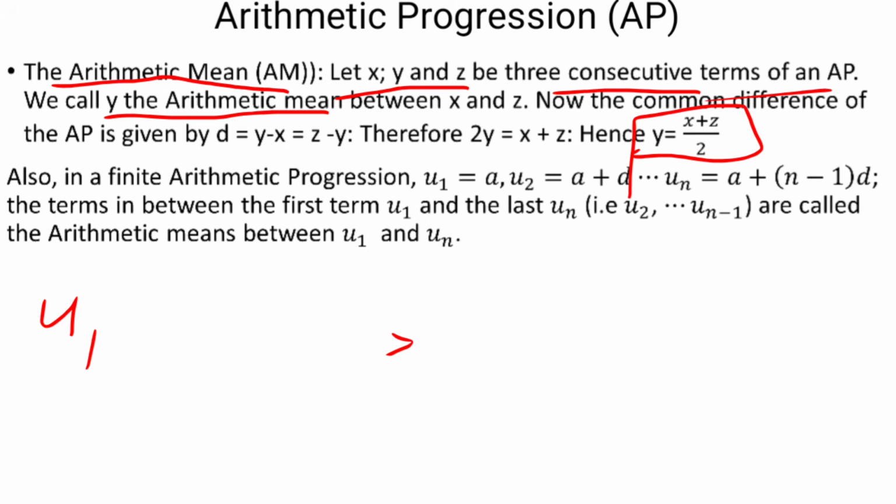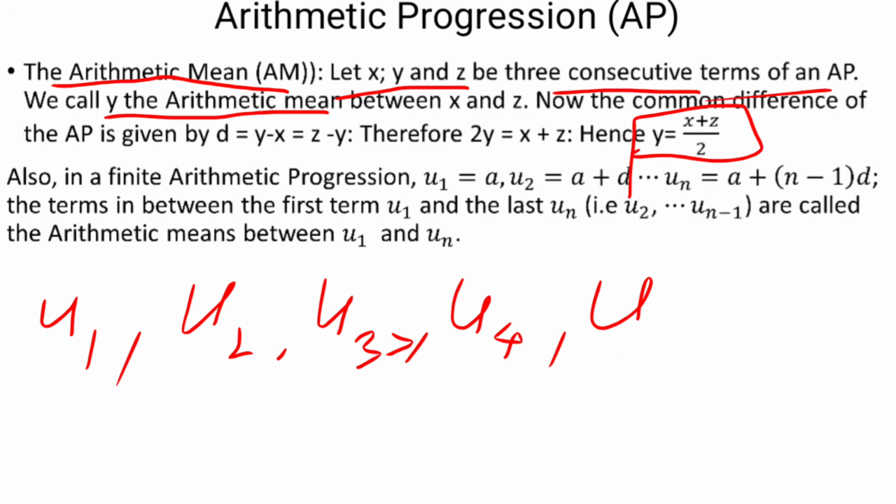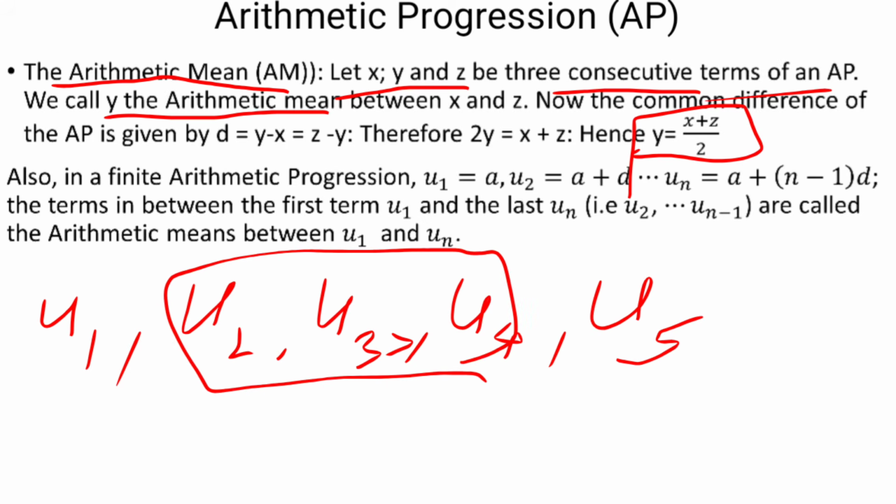So you have u1, u2, u3, u4, and u5. These three terms in between, as you can see here, they went all the way to n minus 1, are called arithmetic means. They are in between u1 and u5, and so u2, u3, and u4 are arithmetic means between u1 and u5.